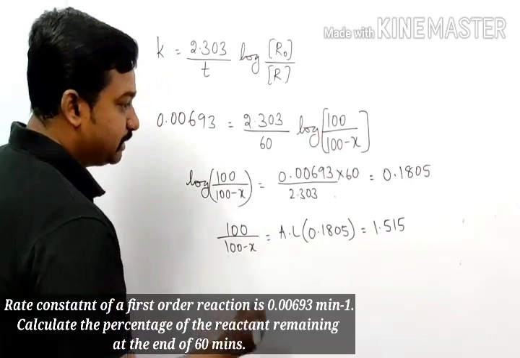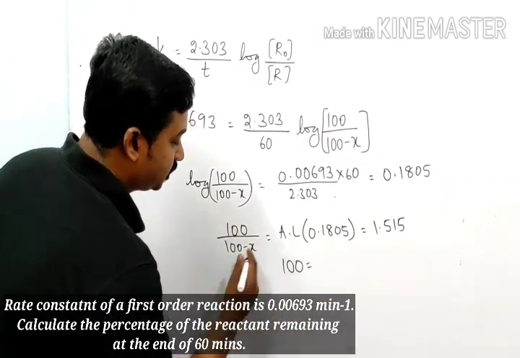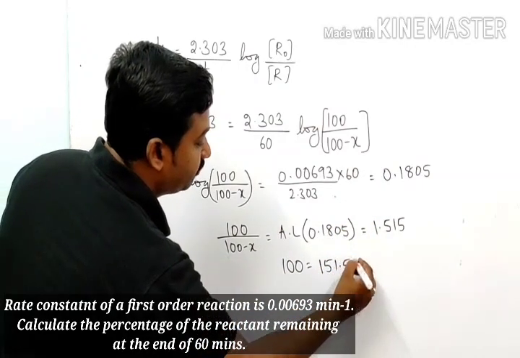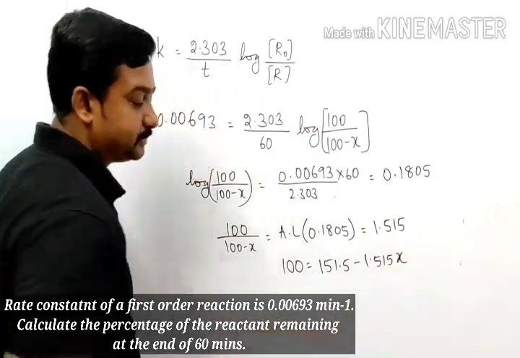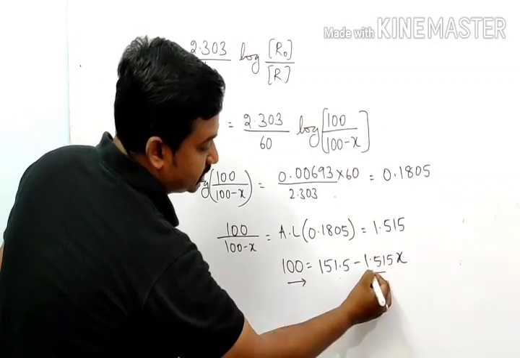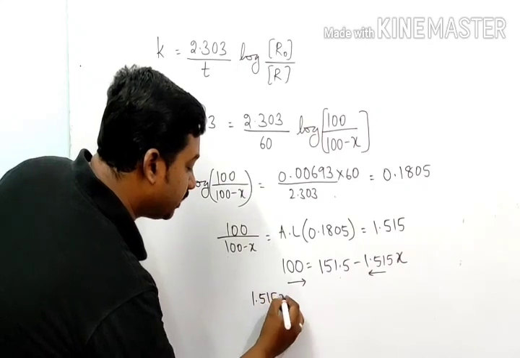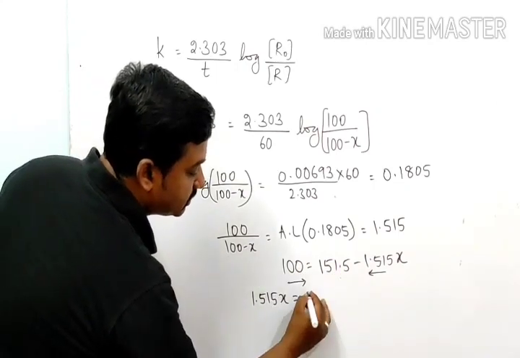Then do the simple calculation now. 100 is equal to, cross multiply, you will get 151.5 minus 1.515x. Take this to RHS and this to LHS, you will get 1.515x is equal to 151.5 minus 100 becomes 51.5.